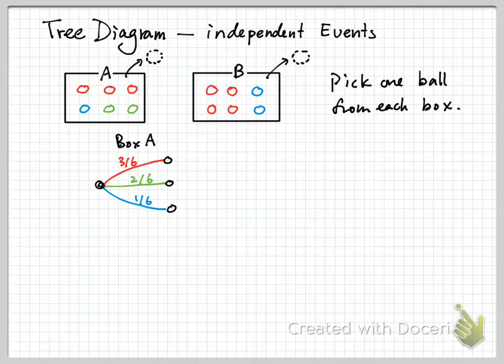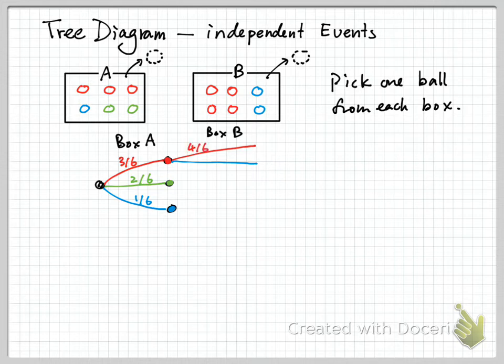And then, regardless of the first draw, whether red, green, or blue, in the second draw from box B we will always have 2 possibilities. It's either a red or a blue coming out from box B. In each of these branches, we can assign the probability. To have a red, the probability is 4 over 6.